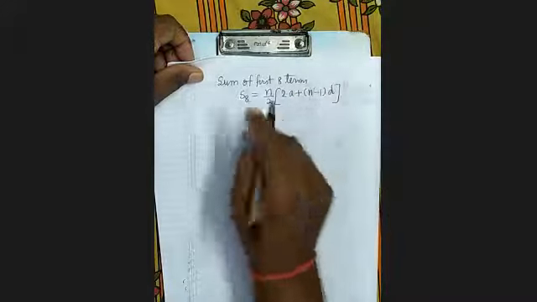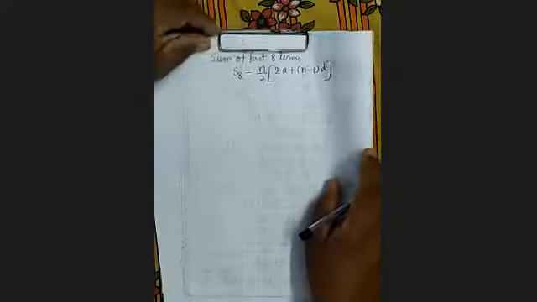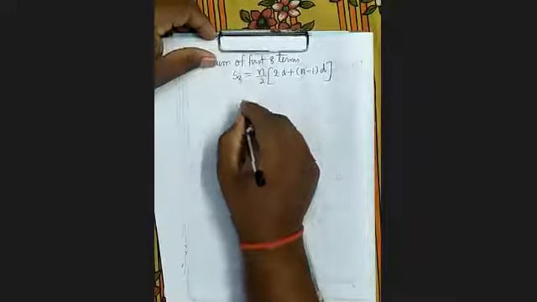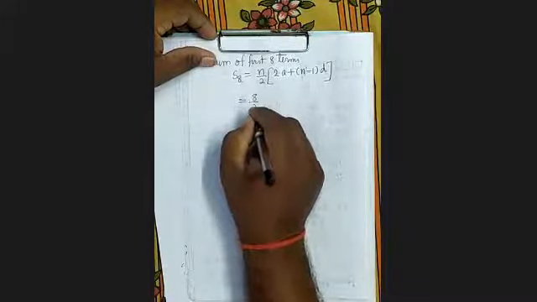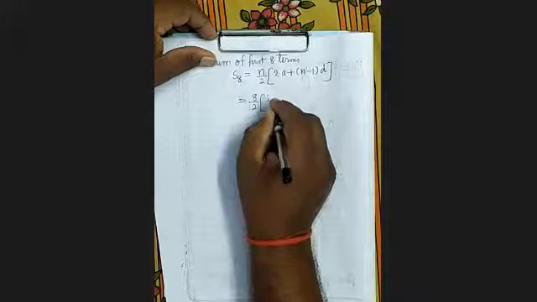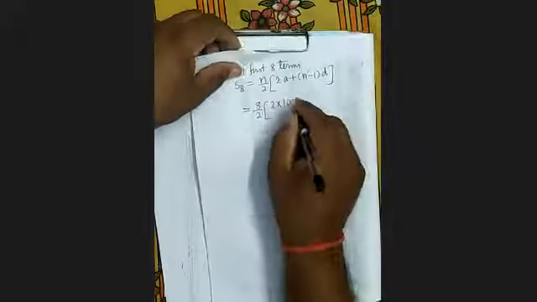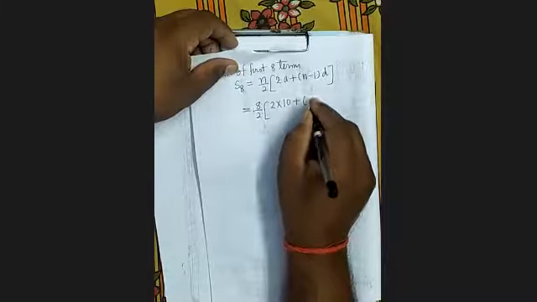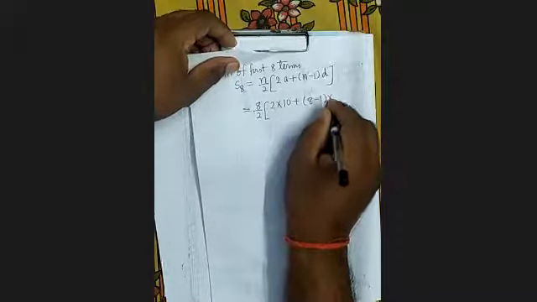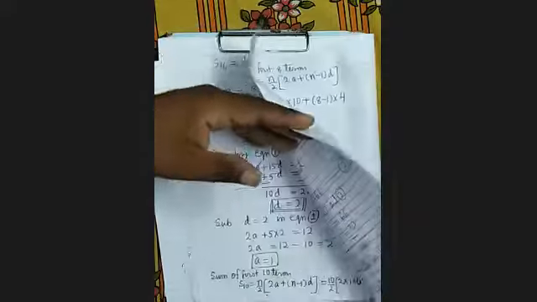What will be the value of n here? n is 8. 8 by 2, 2a is how much? 10 plus n minus 1, 8 minus 1, and d you have calculated is 4.